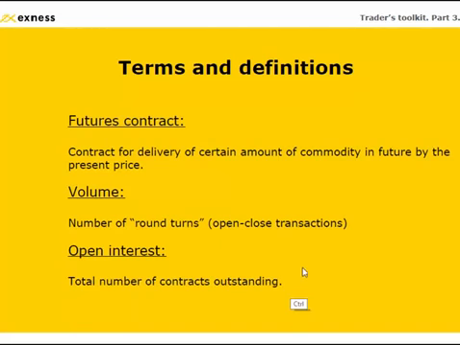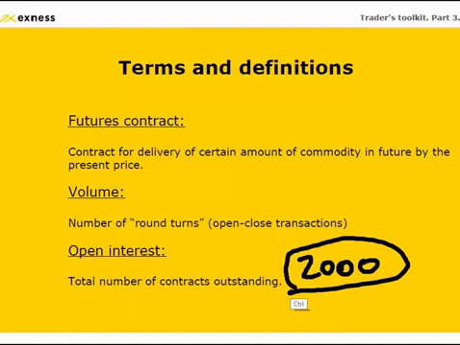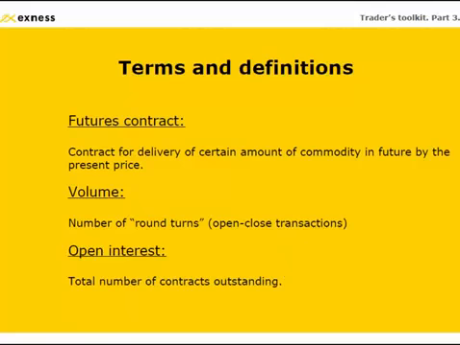If we have 2,000 traders holding one contract each, deciding to hold their positions overnight, the open interest would be 2,000, and so on and so forth. So the more positions we have on trading accounts which are held overnight, the more open interest we will have. It is the total number of contracts outstanding. Okay, with that we are ready to proceed.